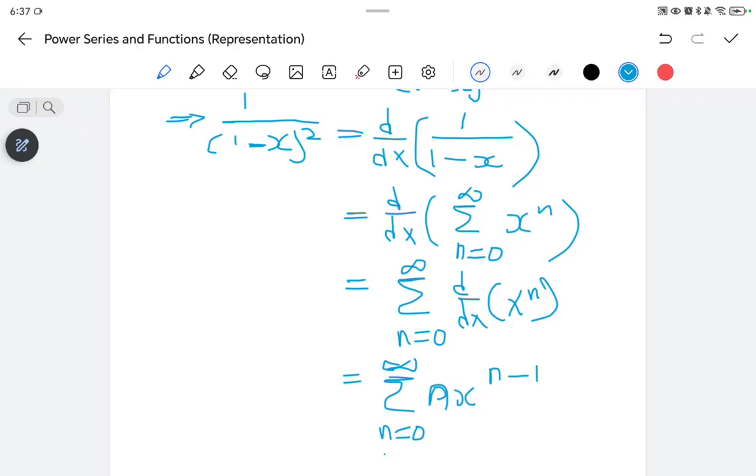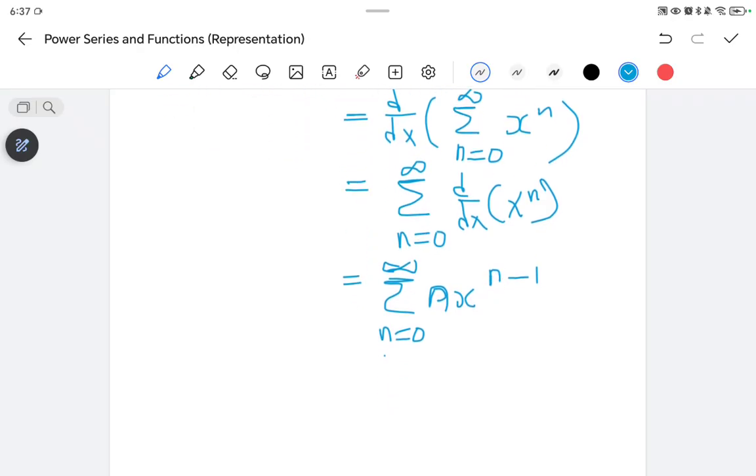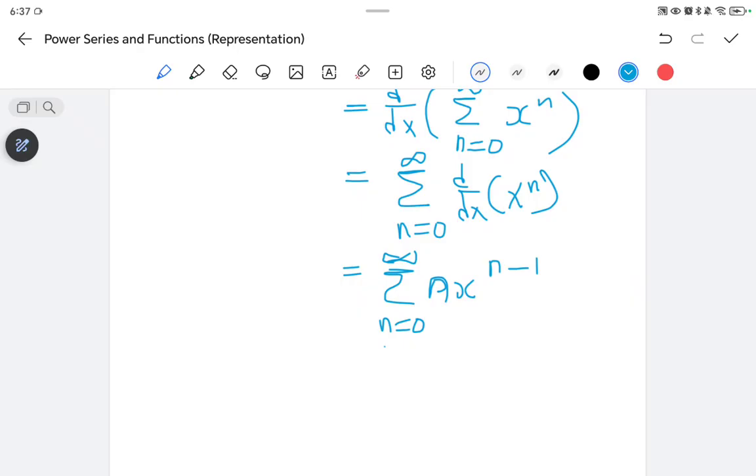We know that this will converge for the absolute value of x less than 1. This x is not a constant, so I'm just going to take it as it is. Absolute value of x less than 1, so it means that r will be equal to 1. They said we should find the radius of convergence.